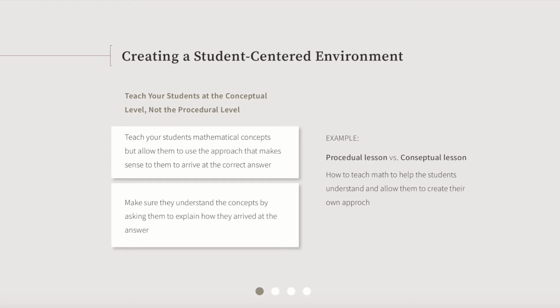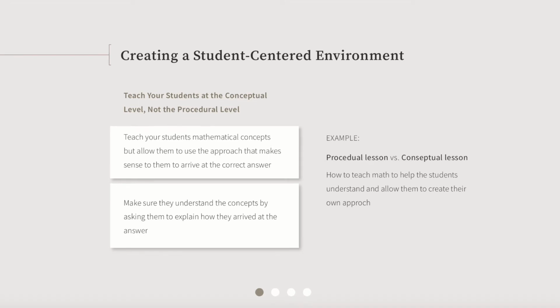As long as their thinking is mathematically sound, allow the students to use that method. Students who understand these concepts will develop their own shortcuts that are mathematically valid and make sense to them. The ASLM is designed to help students learn at the conceptual level, and many examples will be presented during this NKH 2.0 training.